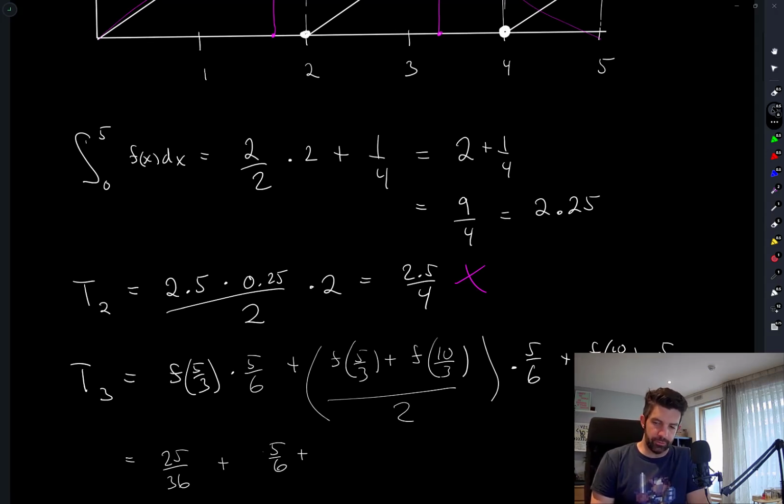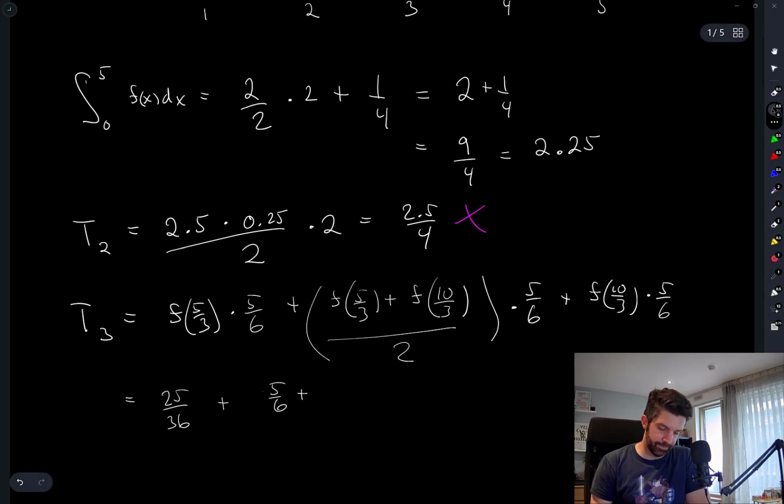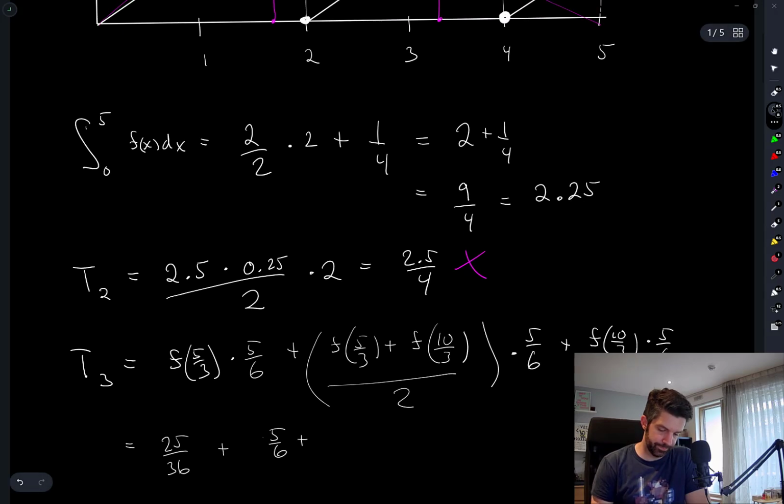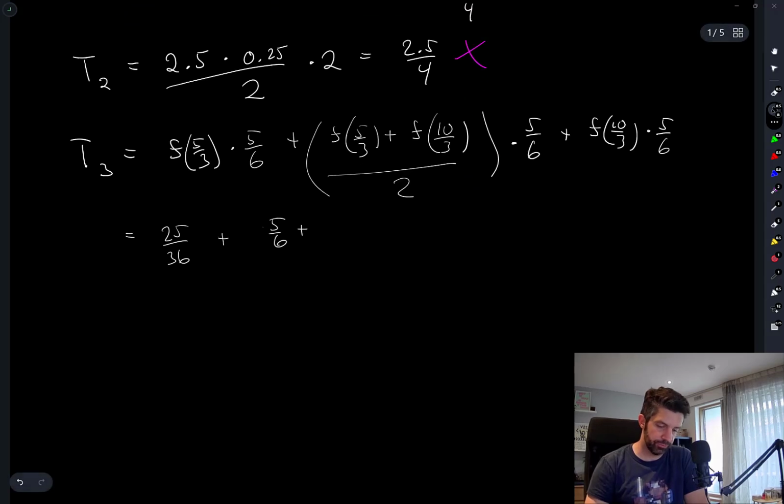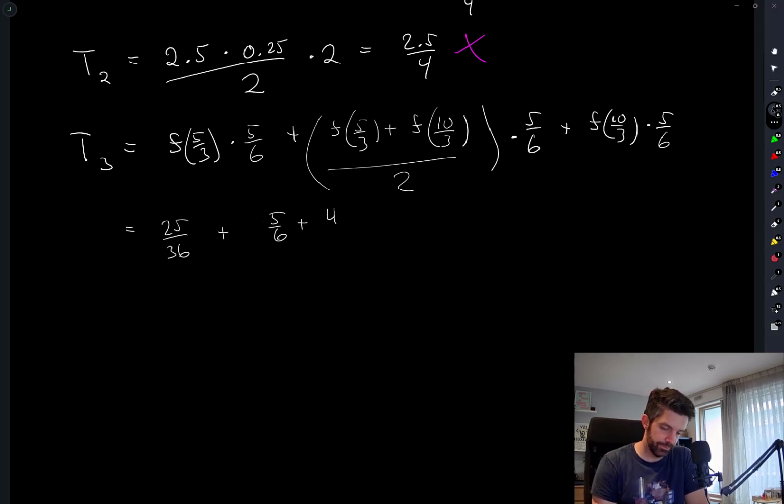So it'll be 10 over 6 minus the integer part of 10 over 6. So it's 10 over 6 minus 1, so that's 4 over 6.